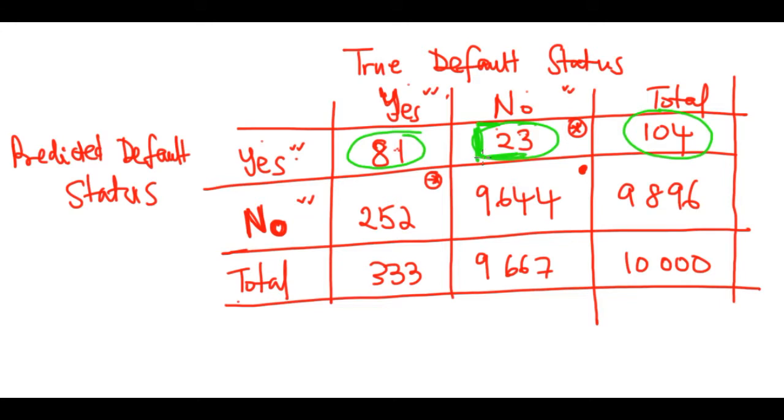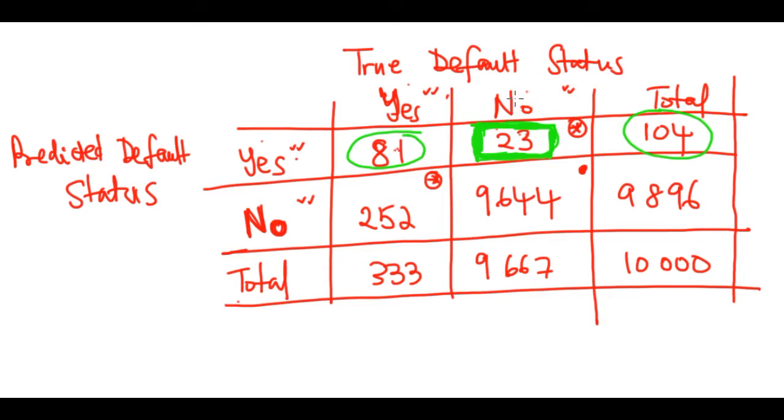Imagine we are just predicting. We predicted that 23 are going to default, but their true status is a no.